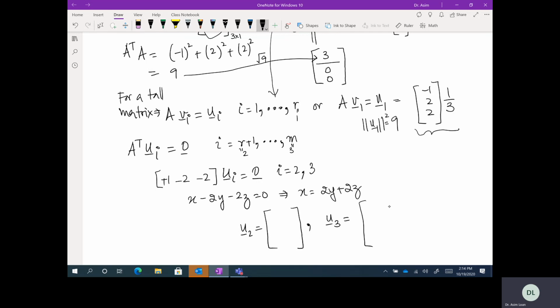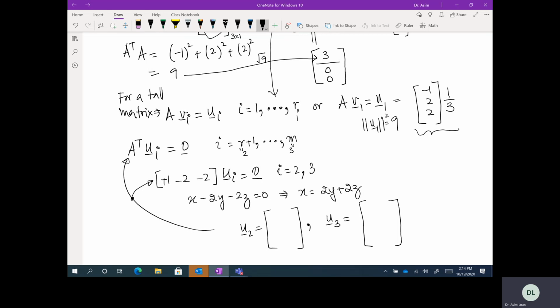Both need to satisfy this equation, and they also need to be orthogonal to each other. For distinct eigenvalues they will always be orthogonal, but you need to select these two so that these are also orthogonal.